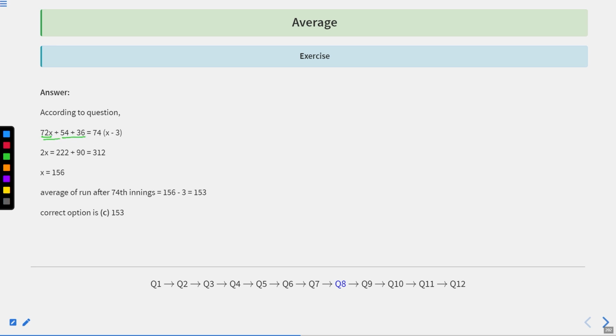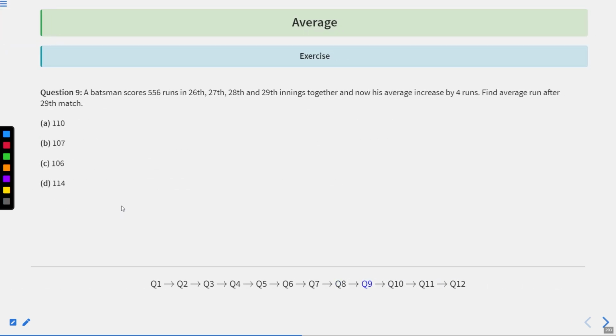That makes this total the runs scored by him till 74th inning. And this thing is also the same, which represents runs scored by him till 74th inning. So on solving this, we will have x equal to 156. So average of runs after 74th inning is 156 minus 3, that is 153. So the correct option here will be option C, 153.